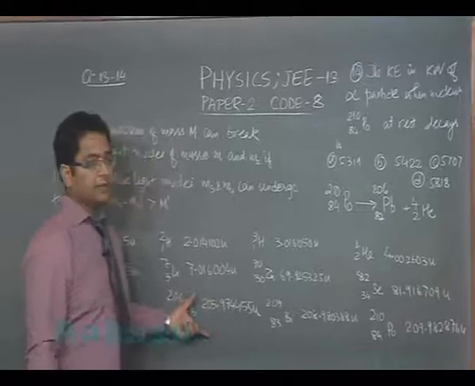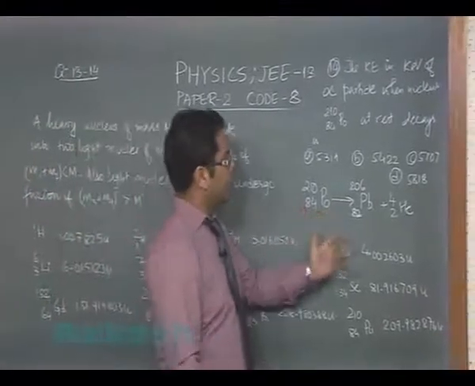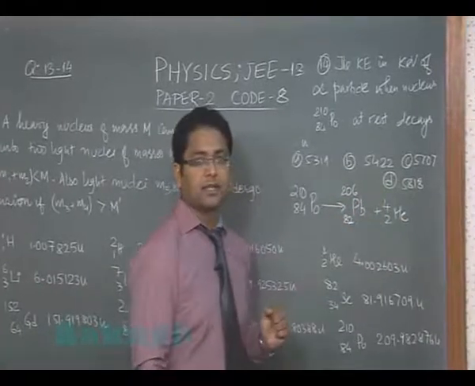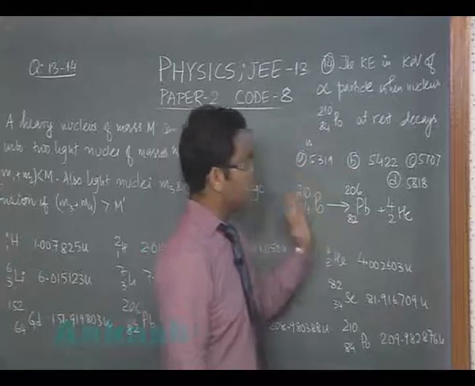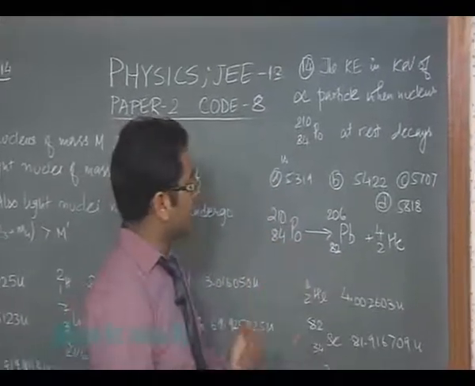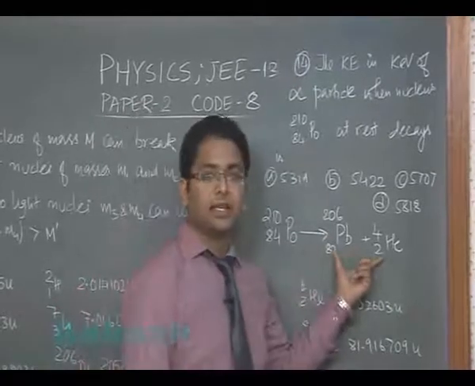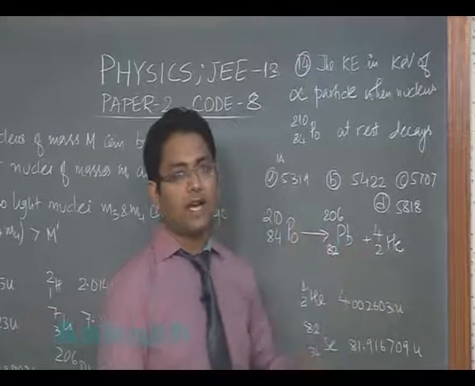And here is the data given. Now we have that this nucleus will decay into its constituent. If we calculate the difference in their rest mass energy, that will be used as kinetic energy by the daughter nuclei, but owing to its small mass, it will take almost all the fraction.